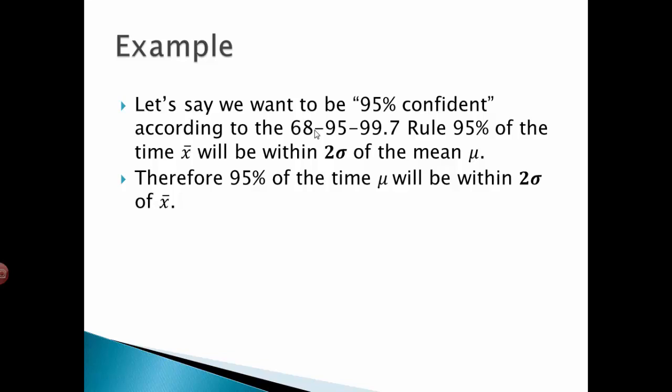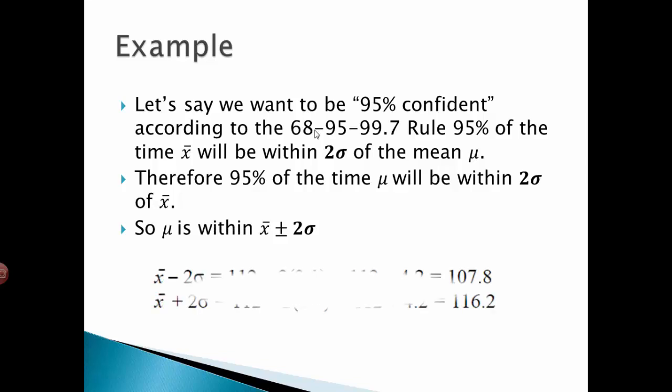Well, therefore, we can turn that around and just say the mean of the population must be within 2 standard deviations of x bar. So we're basically just flipping around what we know from that rule. We're looking at the fact that if one happens, then it has to happen the other way as well.